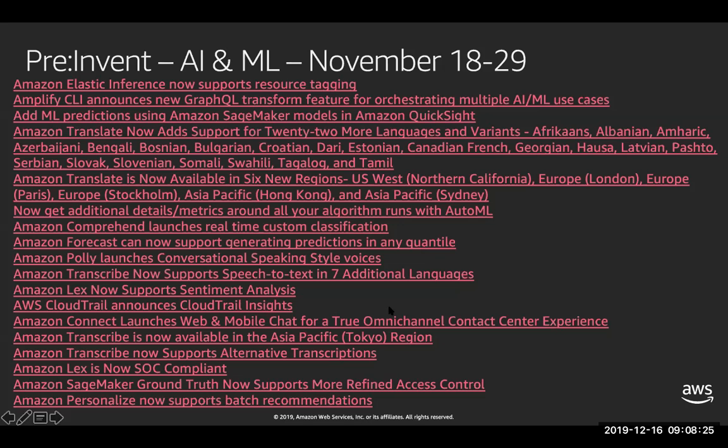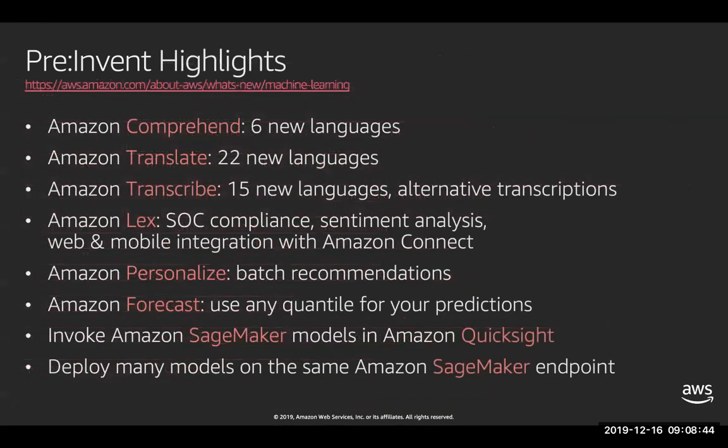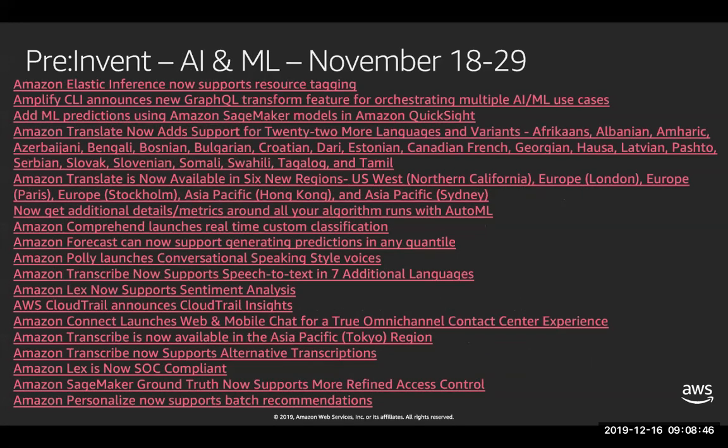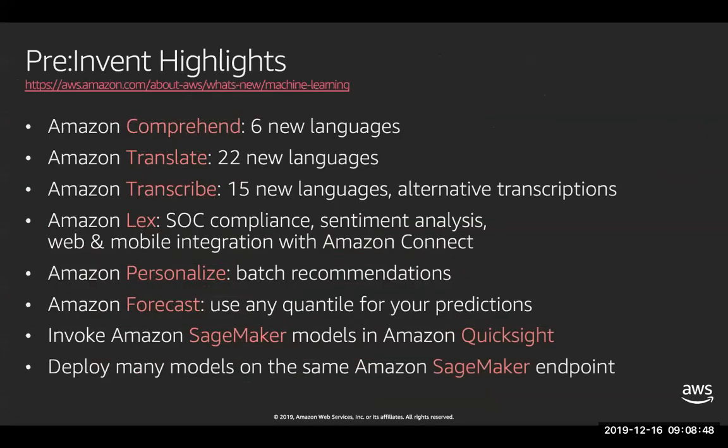Just to give you context, pre:Invent covers things that might not take center stage at the actual re:Invent conference, but are announced in the two weeks leading up. It looks like it's just one page here, but these are some of the highlights.